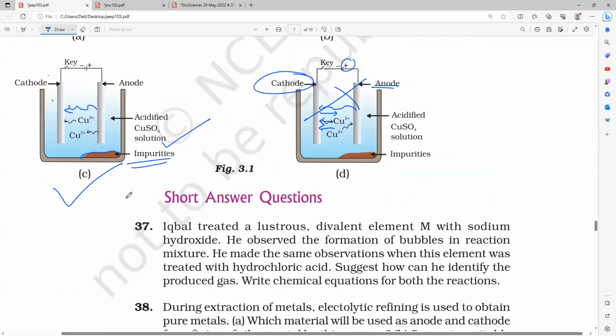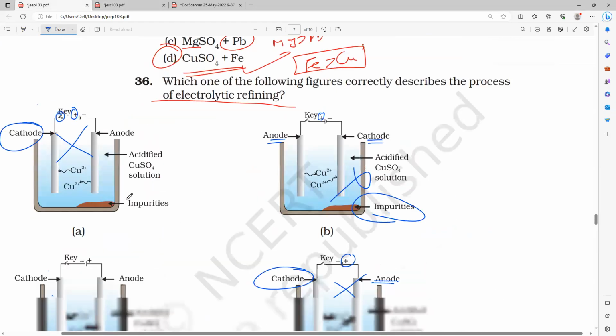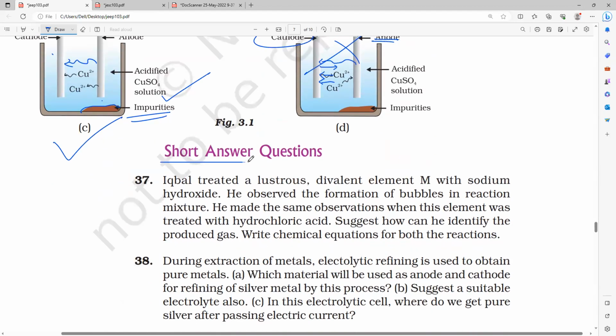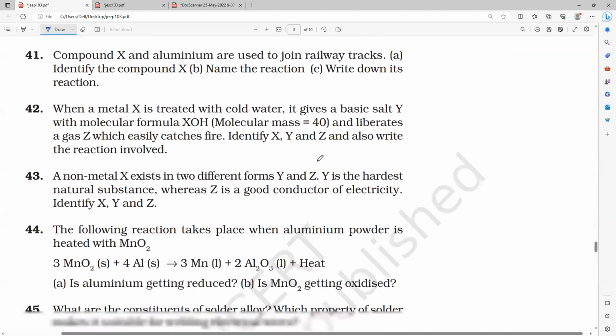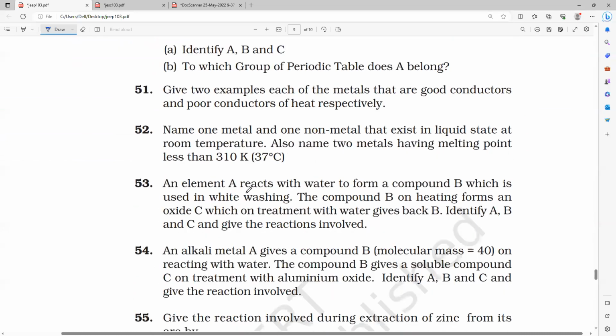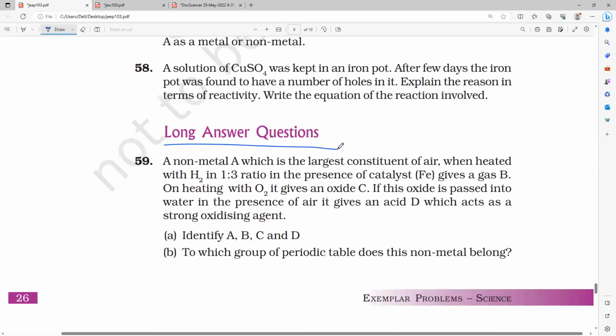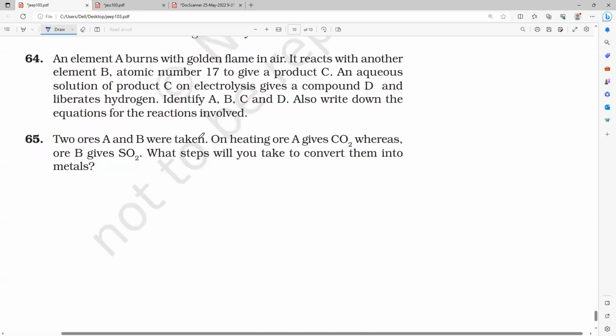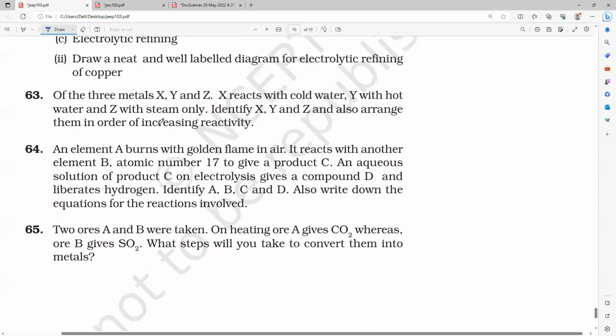So that is about the 36 MCQ questions. Please revise it here, don't go to bed. Now remember, short answer questions are there, and long answer questions are there. In the long answer questions, many of these, the ABCD ones, are all CBQs only.